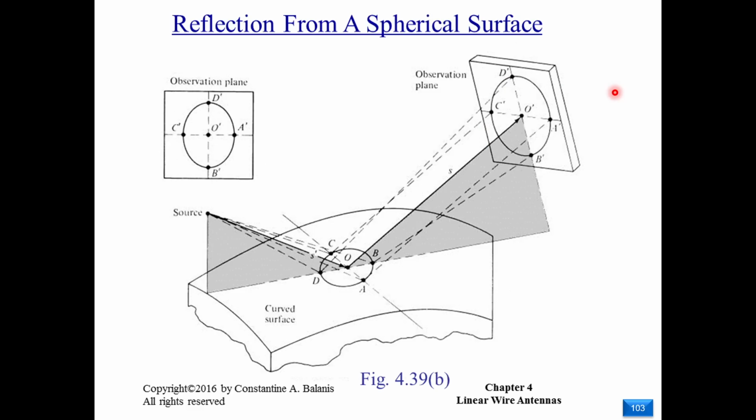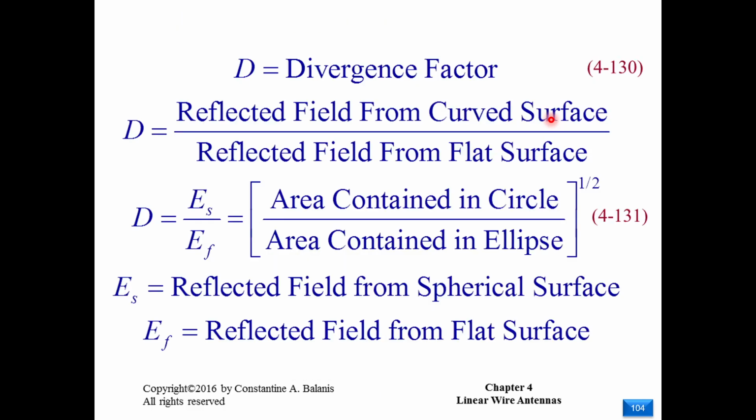But if the surface is curved, it will cause some redistribution of the energy in a different way, and this is handled as an approximation by the divergence factor, which is the area contained in a circle by the area contained in an ellipse for radiation from a curved surface over radiation from a flat surface.